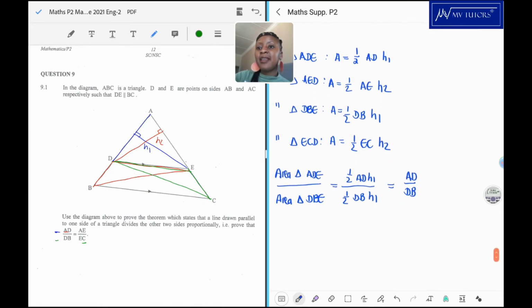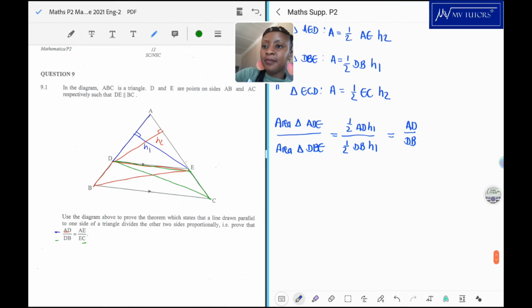Then otherwise, if I also take the area of triangle AED and put it over the area of triangle ECD, I actually get half AE times the perpendicular height H2 all over half EC times the perpendicular height H2.